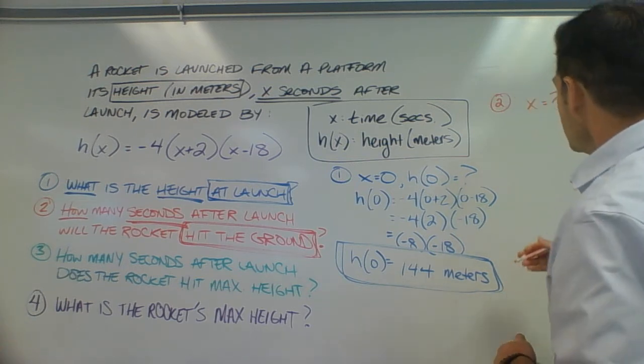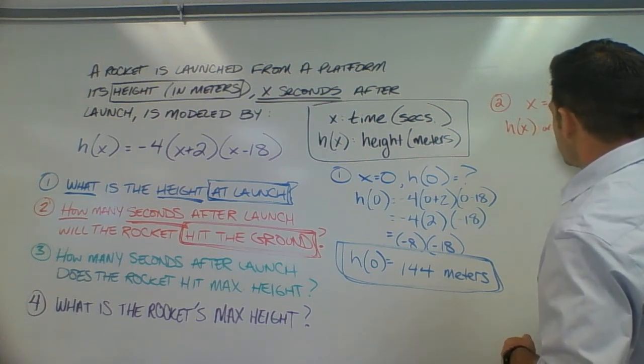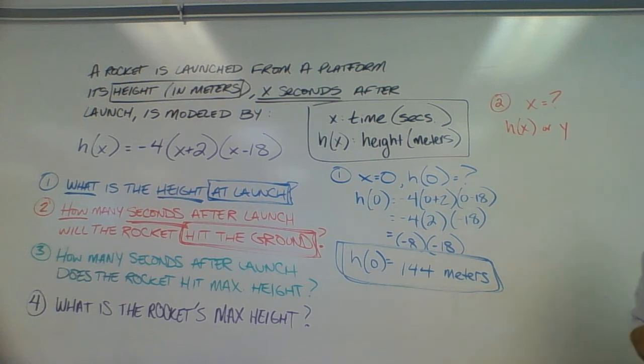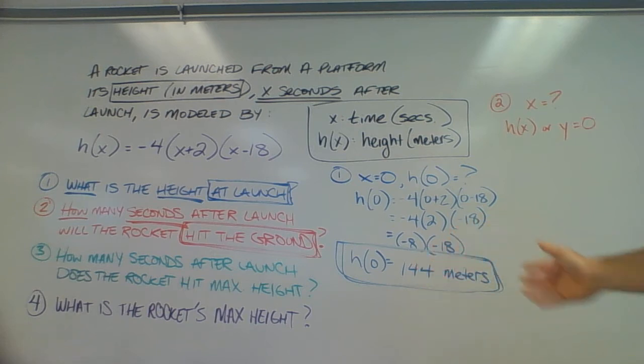So, if we know h of x, or maybe you'll see it sometimes as a y value, has to be equal to 0, we are looking for the x-intercepts. If you remember from the graphing problems we did, every time we started a problem in intercept form, we had to figure out x-intercepts, and it was some number, comma 0, and then usually another number, comma 0.